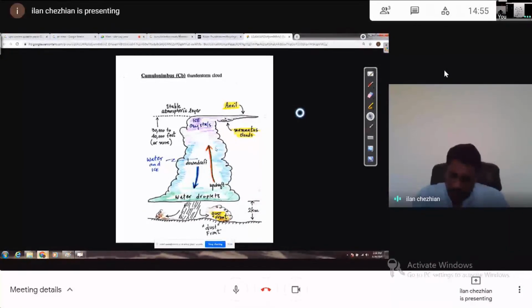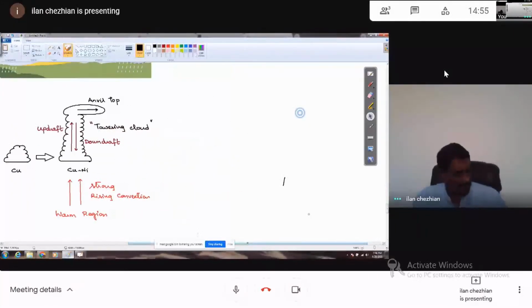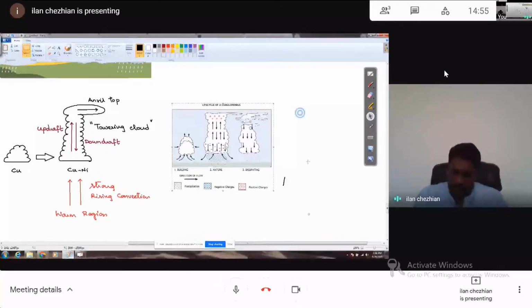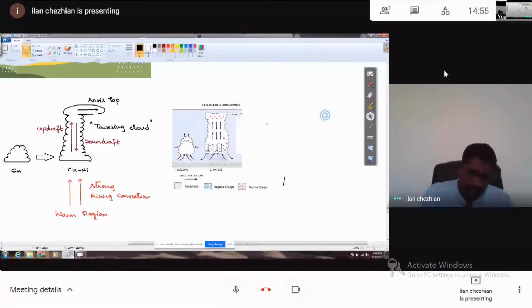Updraft, downdraft, right? And you will have an extension of this towards the eastern side, very good. This image is a good image, right? Stage by stage, how exactly it forms. Even the dissipating stage, I'm just removing it. Actually, it is not needed for us. Only these two stages. The rest of the stages are more than enough for us.